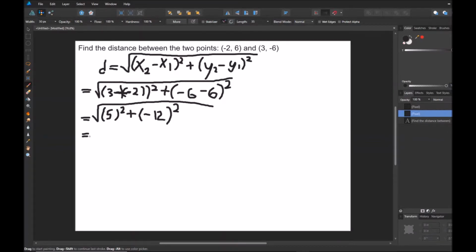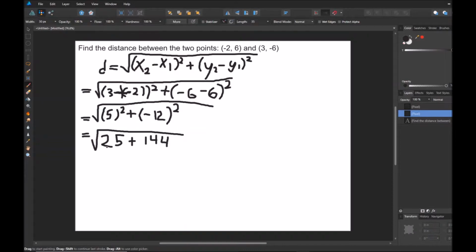So 5 squared is 25, and negative 12 squared is 144. And if you are wondering why this negative symbol doesn't carry over, it's because negative 12 squared is just negative 12 times negative 12, and a negative times a negative is a positive.